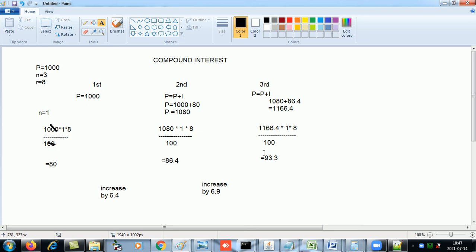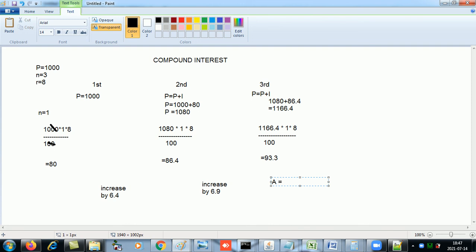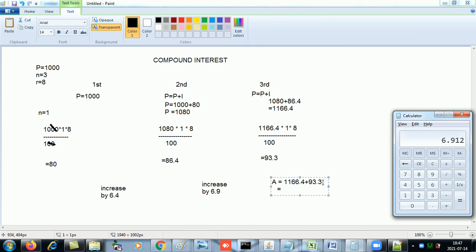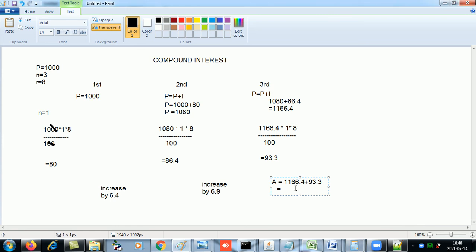What will be the amount he will get after the third year? Amount will be 1166.4 plus 93.3, that will be 1259.7. This is the amount you will get after the third year.